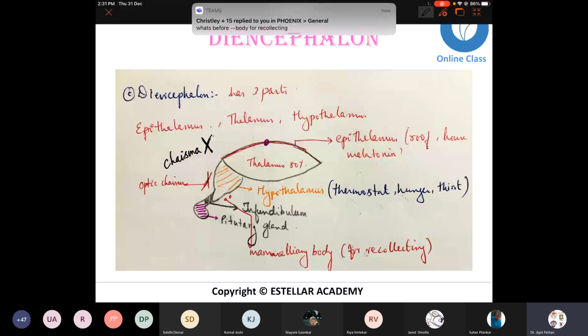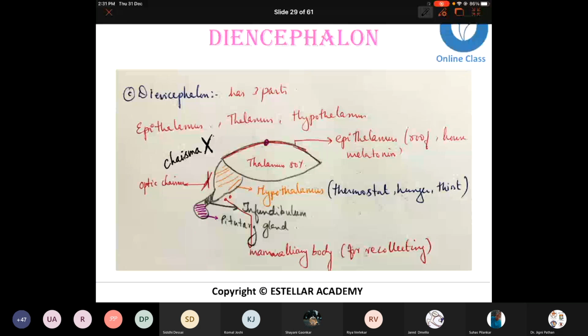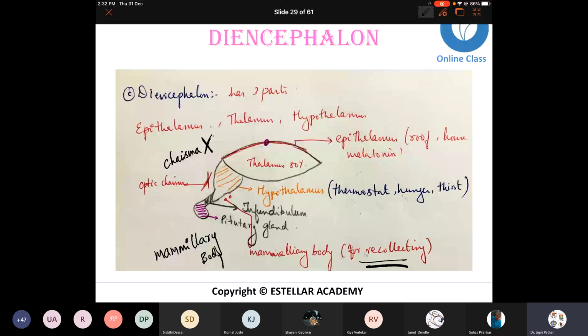Epithalamus. Mammillary body, for recollecting the memory.